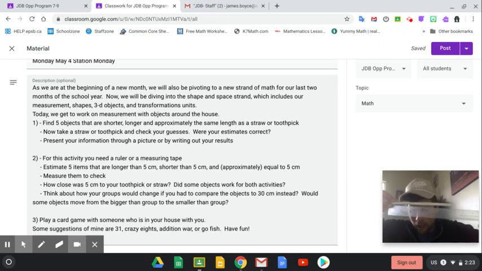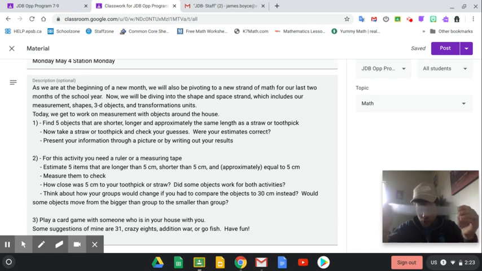I want you to make a comparison of whether your toothpick or your straw or your spoon or pen or whatever you use is it longer or shorter? And is it a lot longer or a little longer, a lot shorter, the same? So we're going to be using those descriptive words, okay? And think about how those groups would change if instead of 5 centimeters, you were using 30 centimeters, the whole ruler.